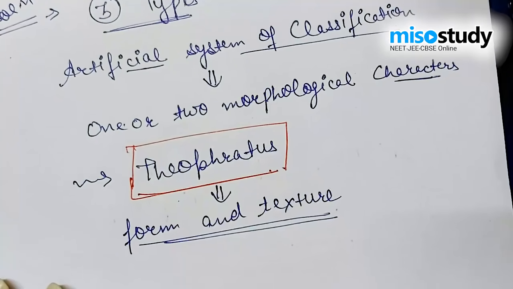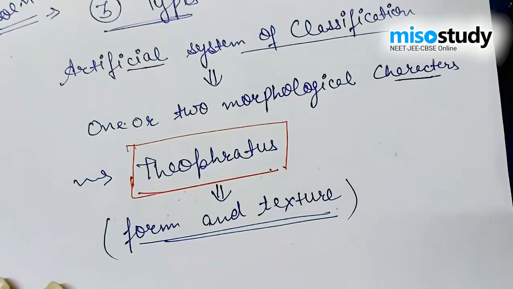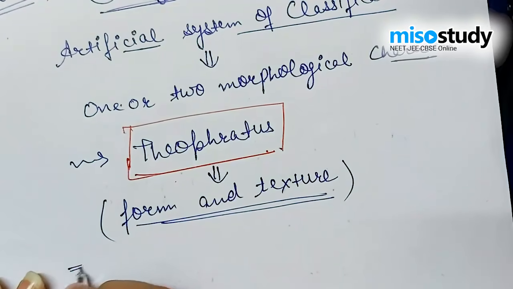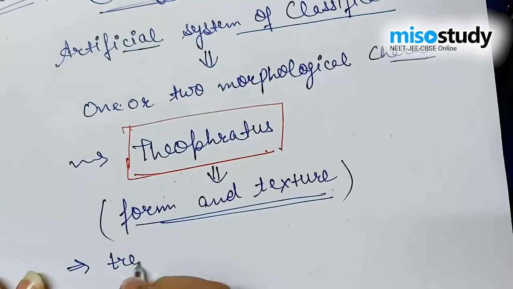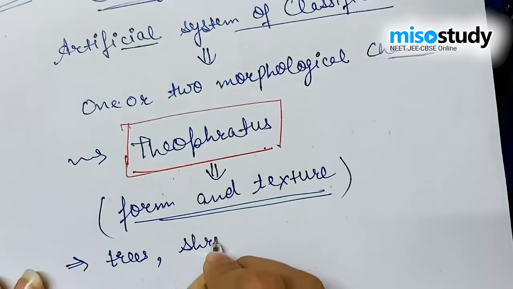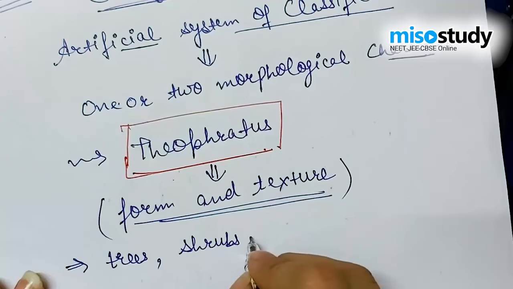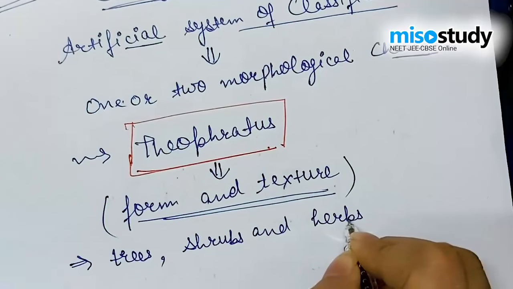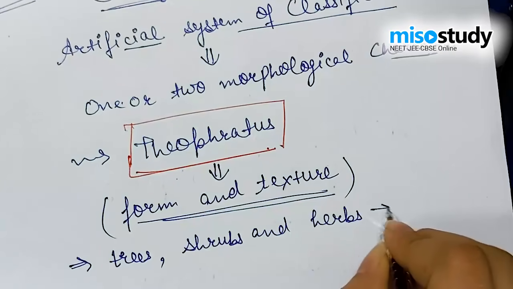He recognized the plants on the basis of forms and textures as trees, shrubs, and herbs.